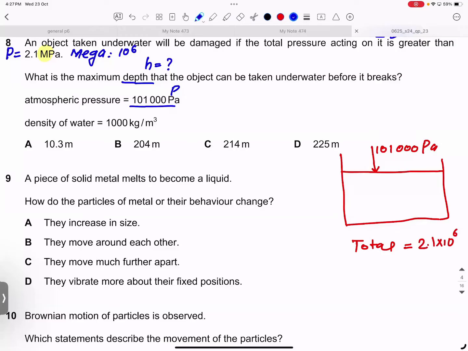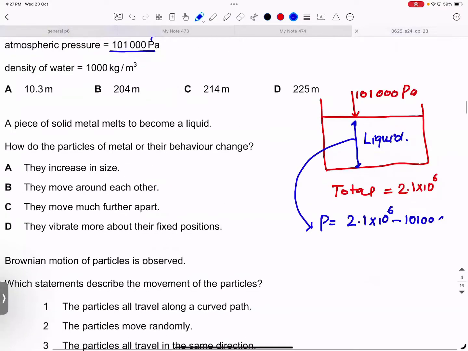So how much is the liquid pressure? Liquid pressure will be the difference, 2.1 into 10 power 6 minus 101,000. If we subtract them, it gets you the liquid pressure. So 2.1 times 10 power 6 minus 101,000.